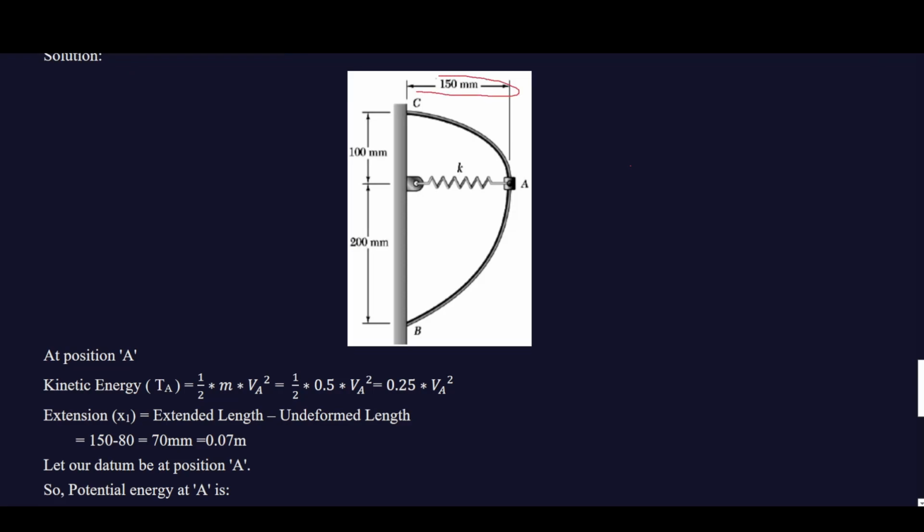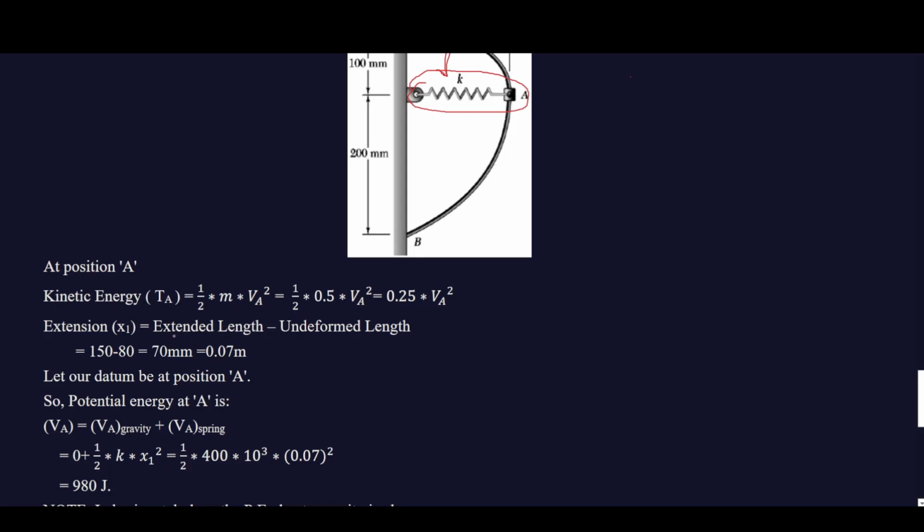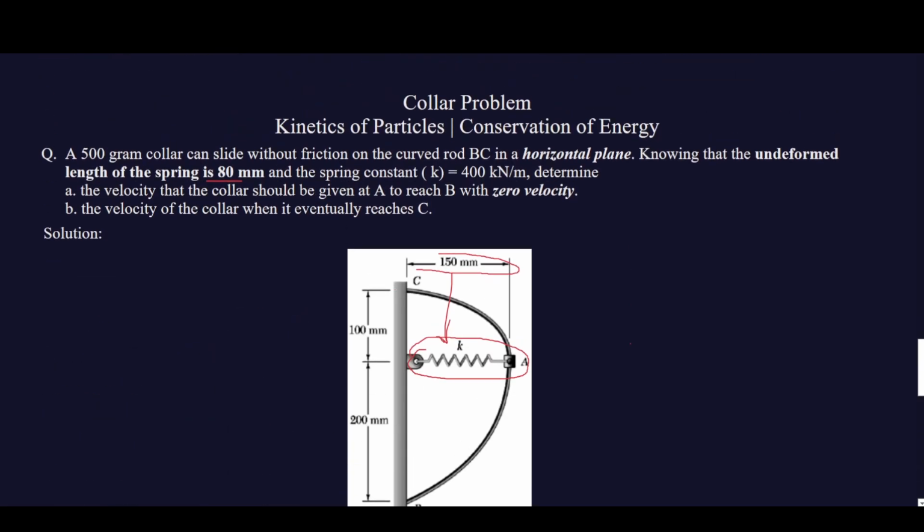The extension produced is the extended length minus the undeformed length, which is 150 mm minus 80 mm, so the total extension is 70 mm, which equals 0.07 meter.